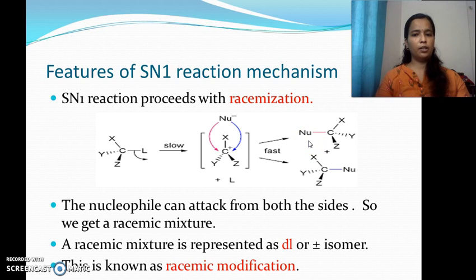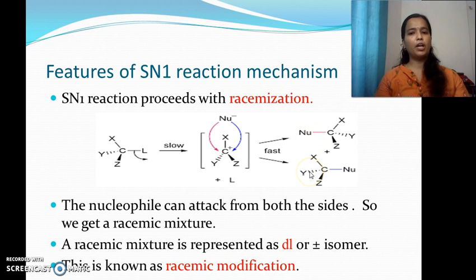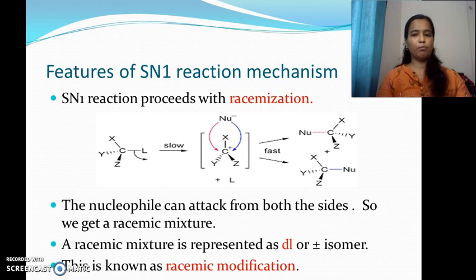So you can get a DL isomer, or we will get a racemic modification, or a plus or minus isomer. This is known as racemization, or racemic modification.